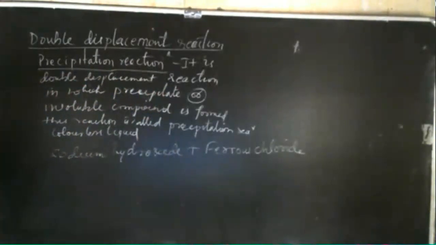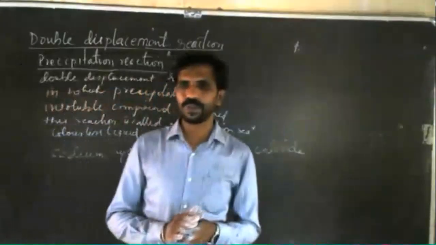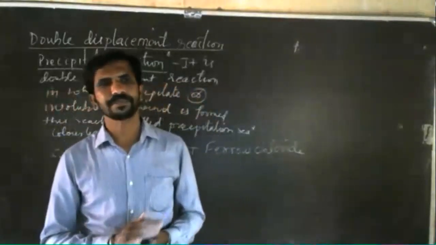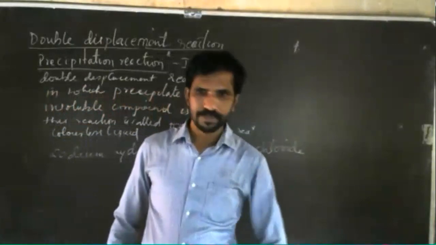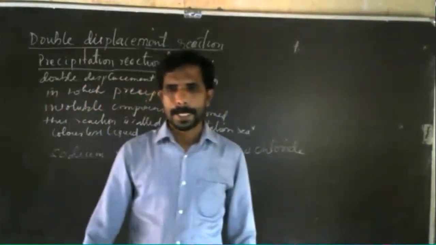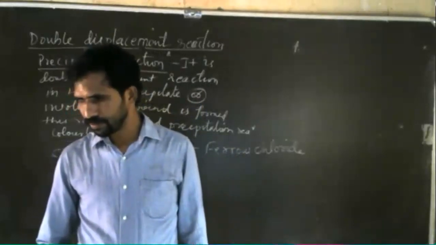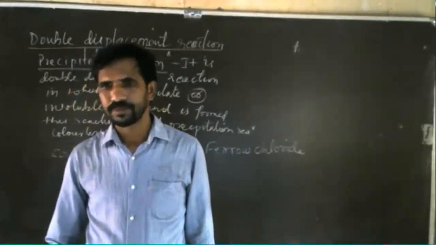We cannot just guess the PPT by writing the equation. We have to observe the reaction, then decide which is PPT or which is an insoluble compound formed during the reaction. Is it clear?